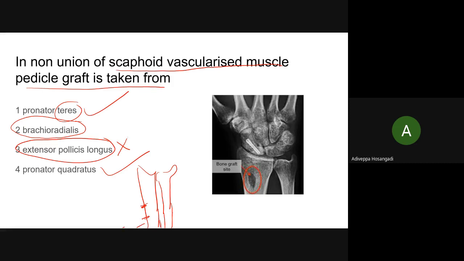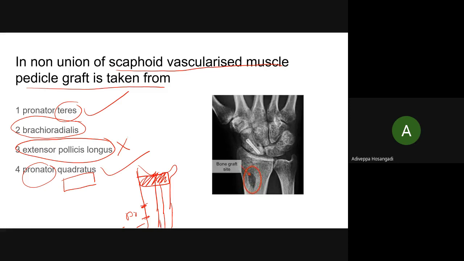Proximally it is supinator, in the middle it is pronator teres, distally it is pronator quadratus. Quadratus is quadrangle in shape. Orthopedics is very simple. Try 50% by mnemonics, and for the rest, the words are self-explanatory.